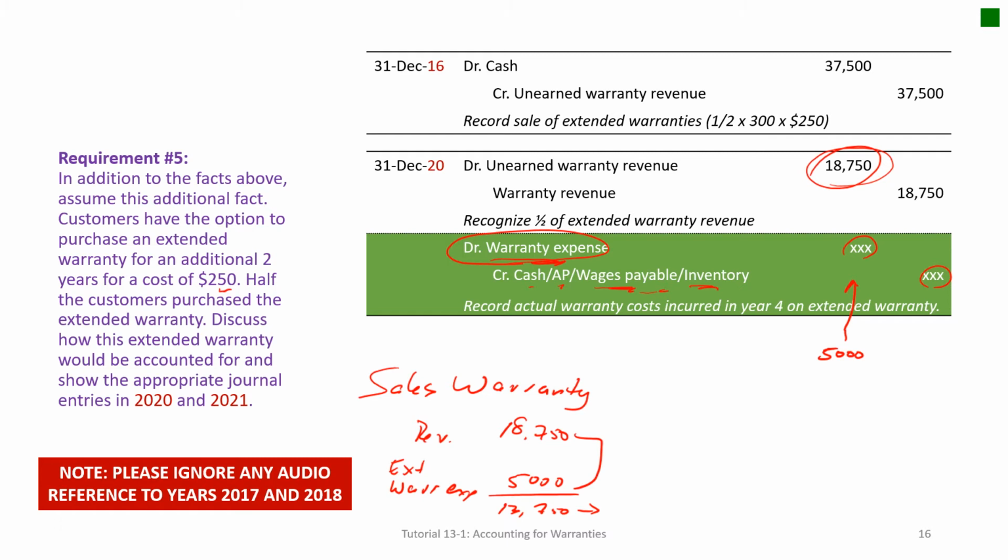So we would have extended warranty expense of $5,000, and that means that we would have made $13,750 off the extended warranties.